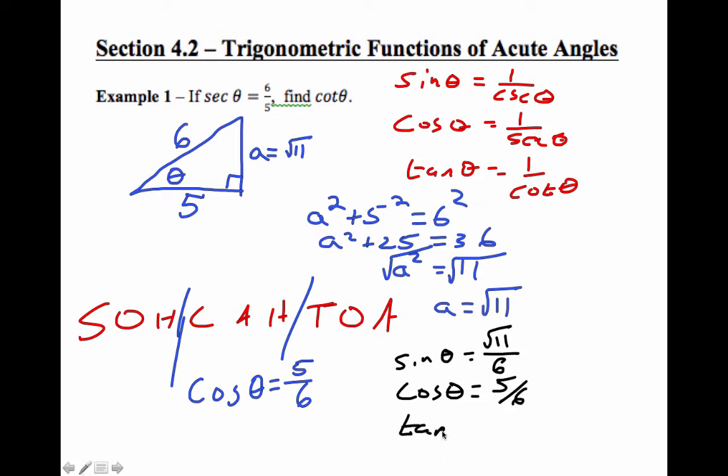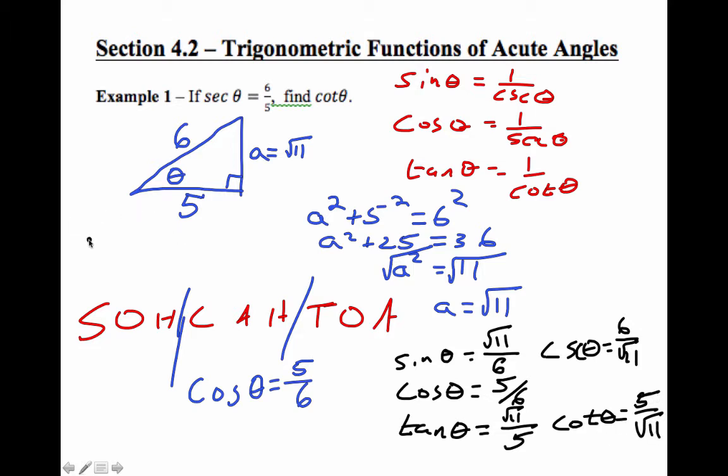And the tangent is the opposite over the adjacent. And then I can flip them all over and say the cosecant would be 6 over root 11. And really what I was looking for was the cotangent, which was 5 over root 11.